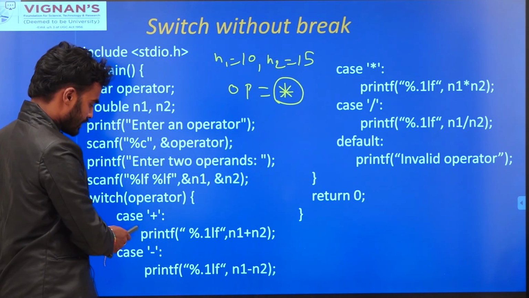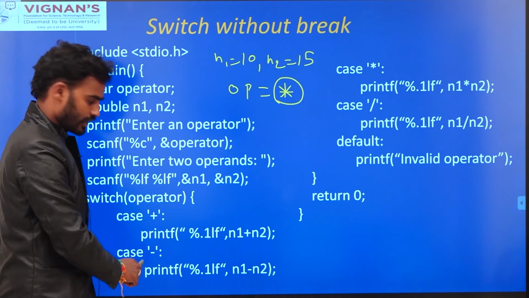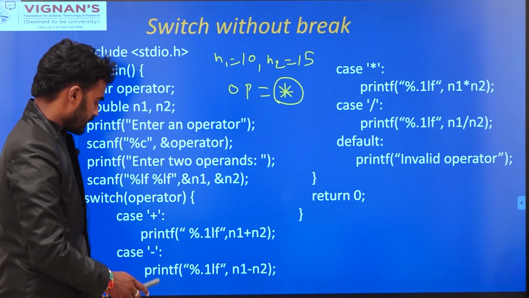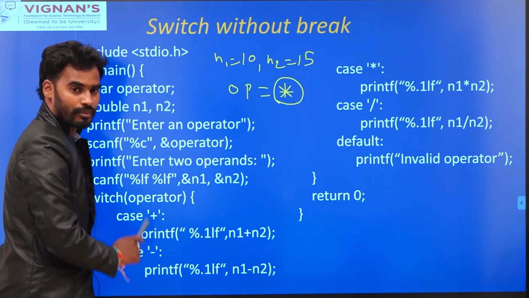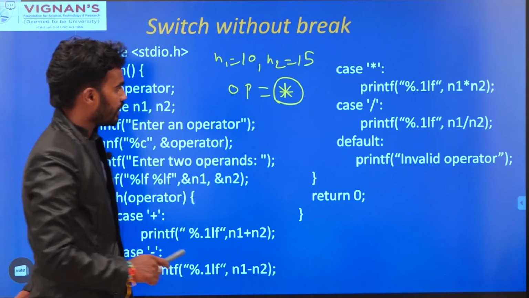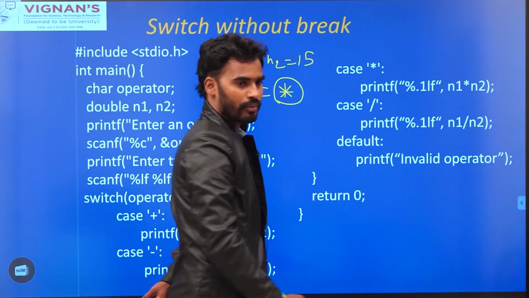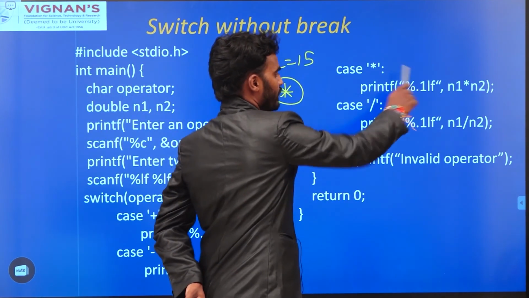Star does not match the first label, so these statements will be skipped. Star does not match the second label, so these statements will be skipped. Star matches the third label, and these statements will be executed.